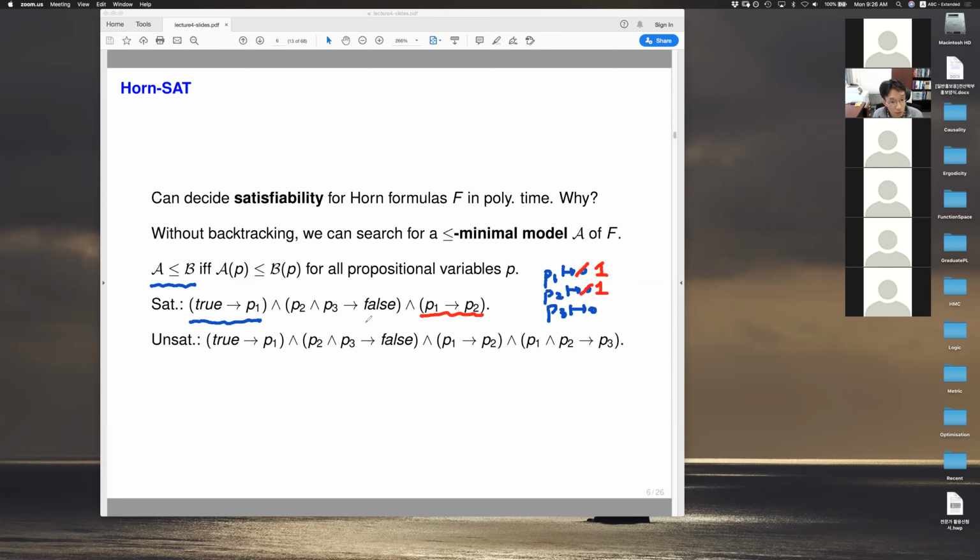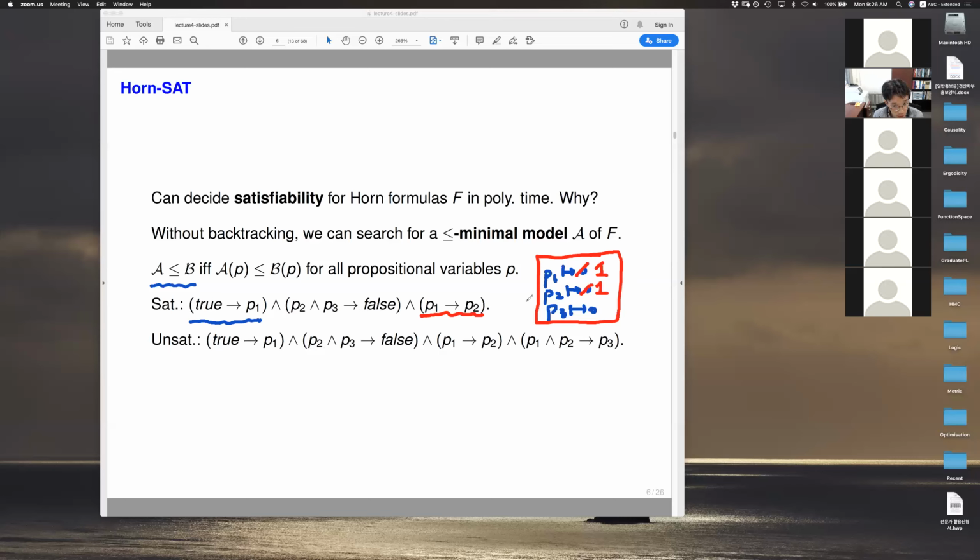Then we look at the remaining one, and the remaining formula doesn't say anything, so it doesn't really force us to do anything. One property which we're going to show later is that if you reach this point, it is okay to say this is the satisfying assignment for this whole formula. That's okay because we are dealing with only Horn formulas.